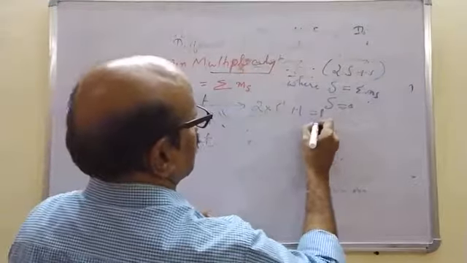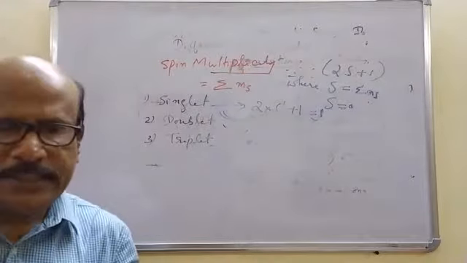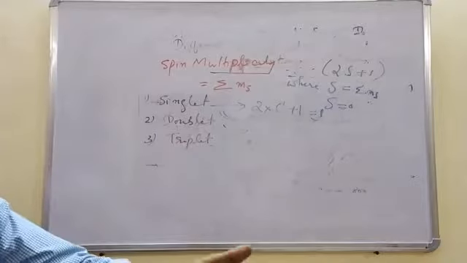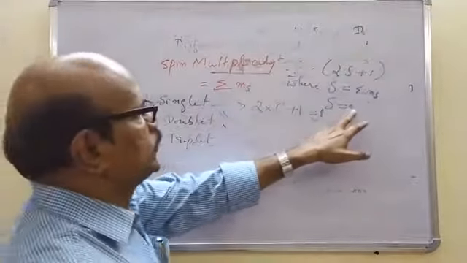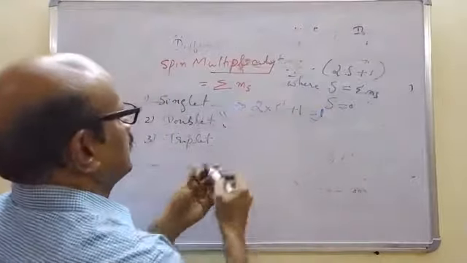That is called a singlet. So the spin multiplicity in which the resultant spin of the electrons in the molecular system is equal to 0, which leads to 2S plus 1 as 1, is called a singlet state.